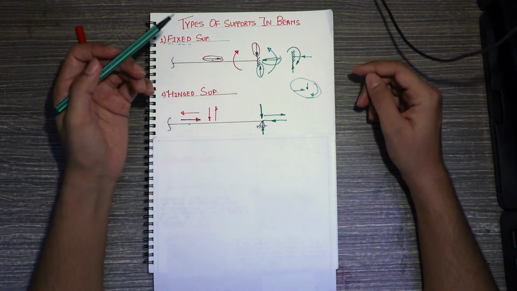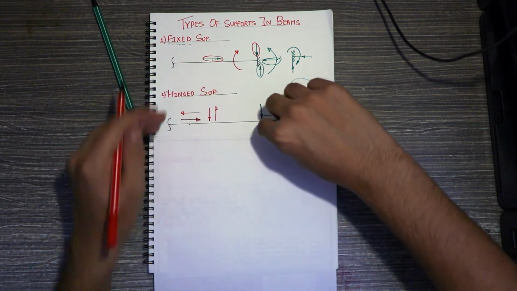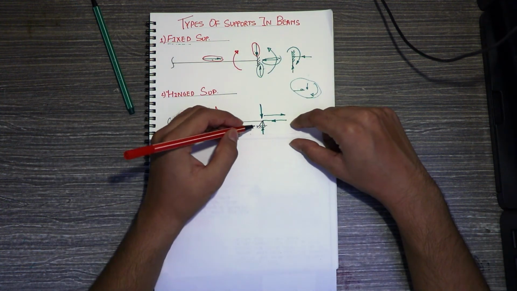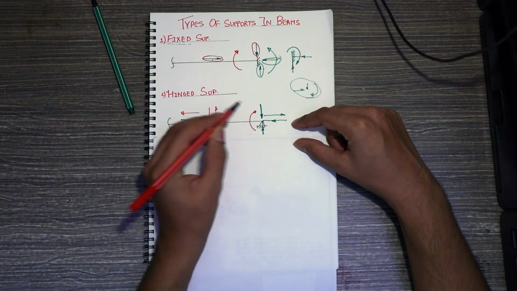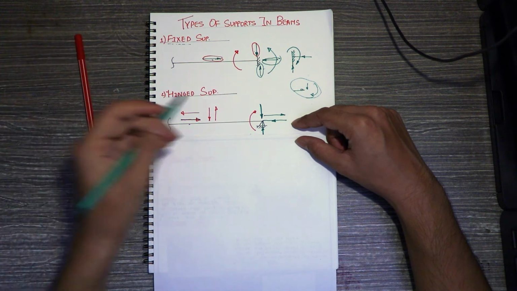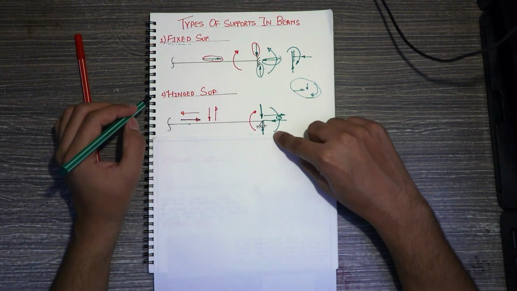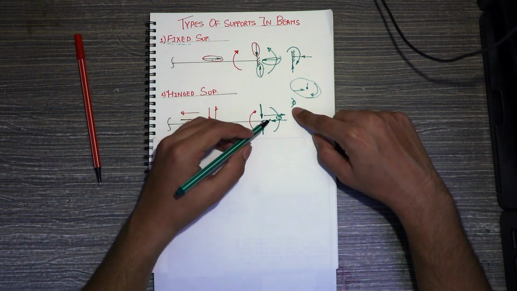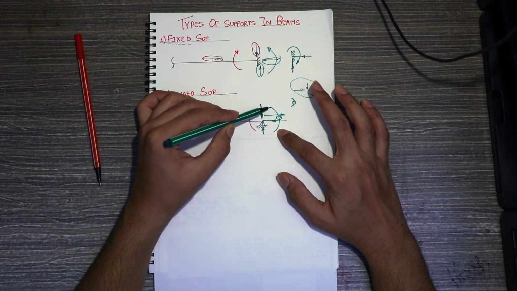Now what is the third option left? The third option is moment. For example, if I try to twist the beam around this hinge, and I apply a moment over here, then you will be shocked that there is no moment reaction generated inside the hinge. What does this mean? This means the value of the moment reaction is zero, so the reaction will not be present there.